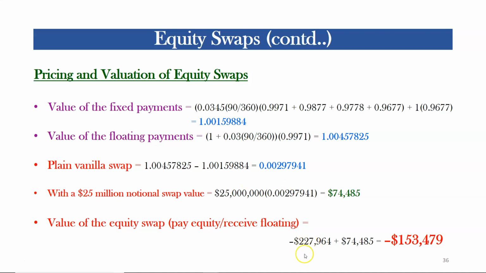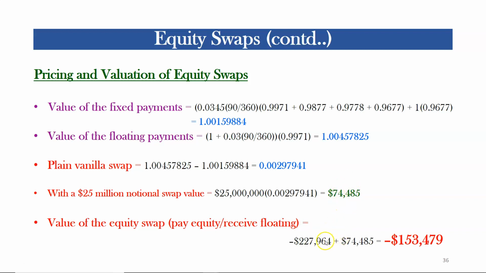The value of the equity swap to pay equity return and receive fixed return is negative $227,964. We calculated this value for the IVM example in table 11.10. We now also have the value of the plain vanilla swap to pay fixed and receive floating.